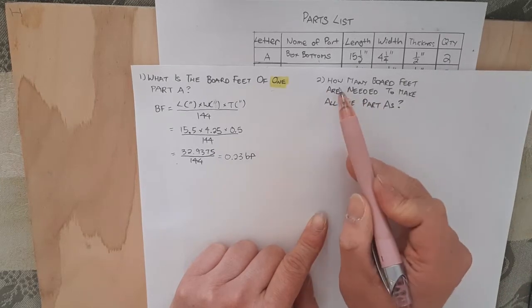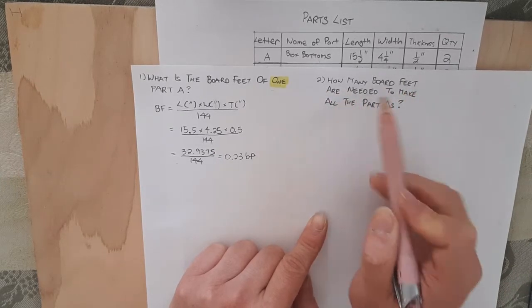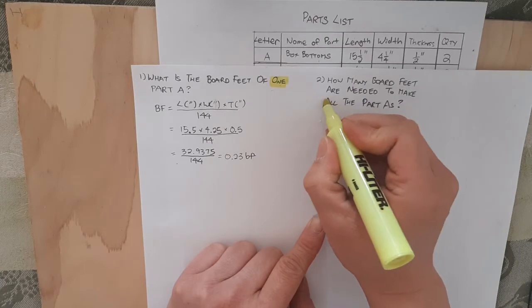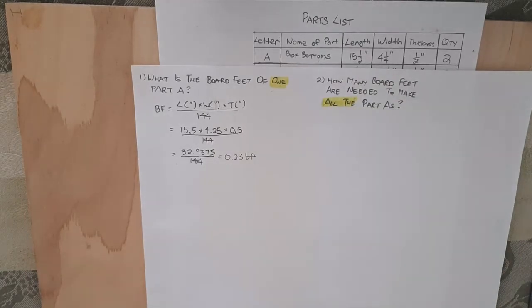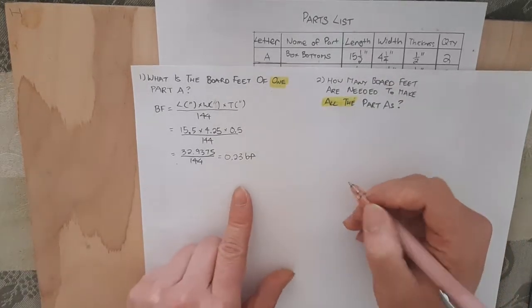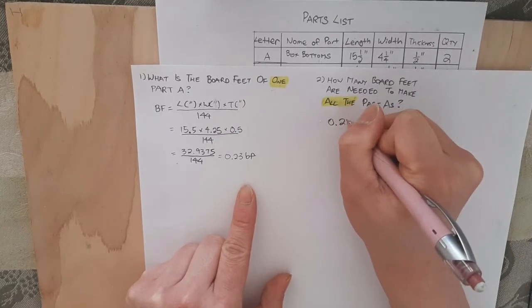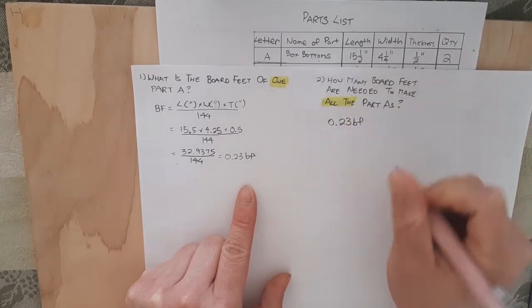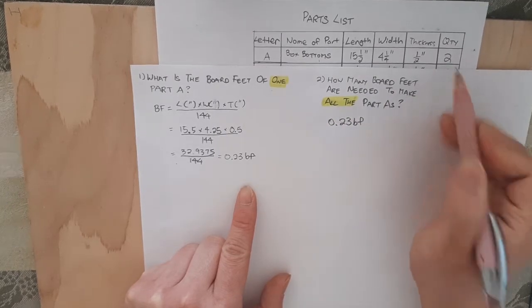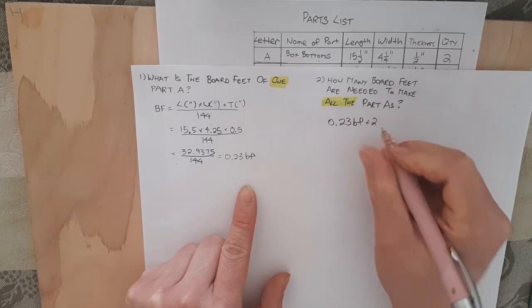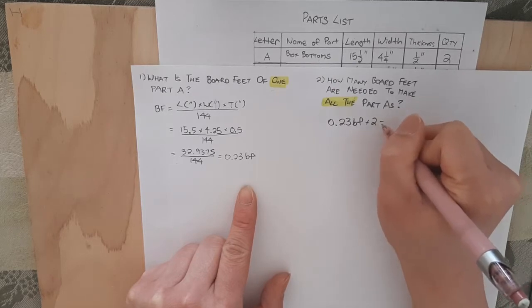So our next part is to figure out how many board feet are needed to make all of the part A's. So right now, one part A is 0.23 board feet, and we need 2 of these, so we just simply multiply it by 2.